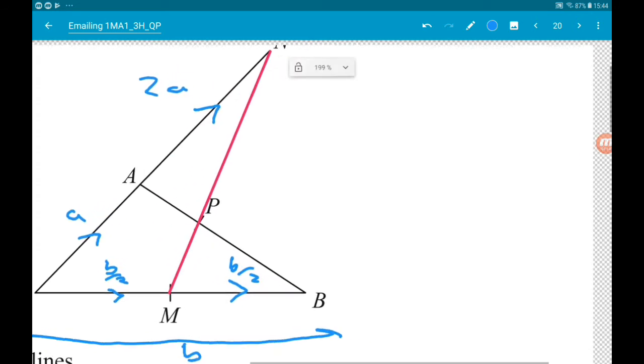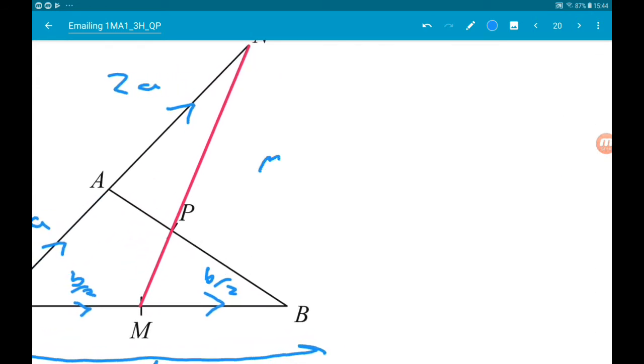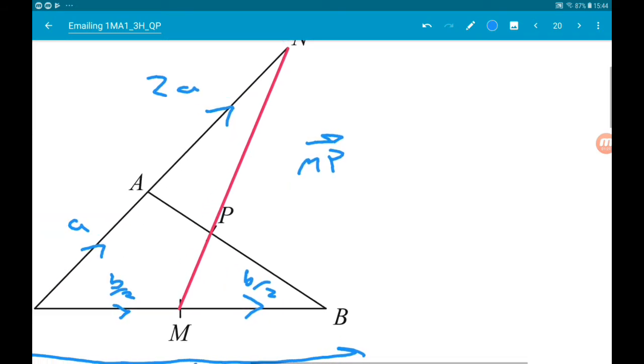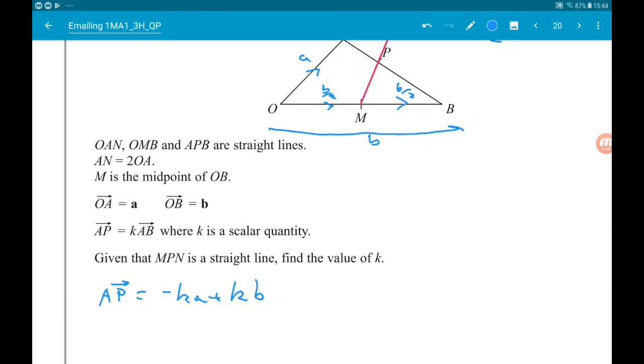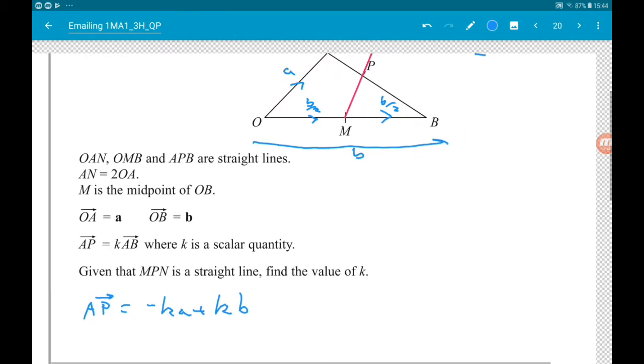So m to p is going to be minus b over 2, add a to b. Now a to b was minus ka add kb.